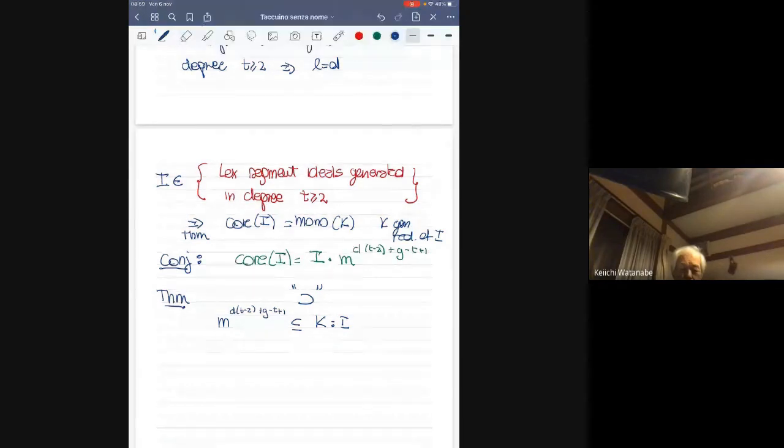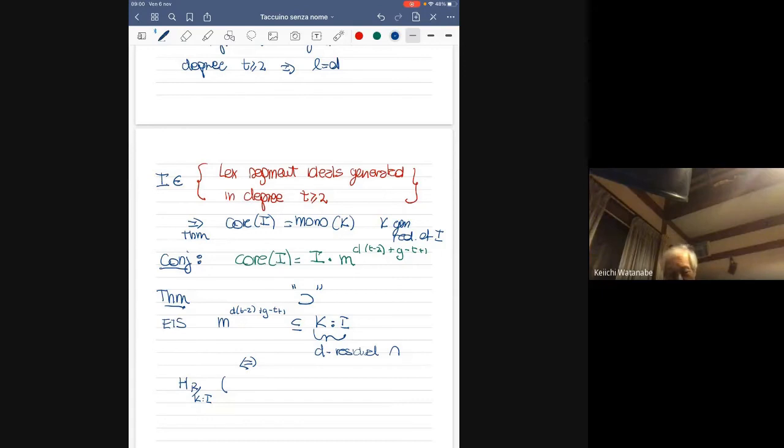So really, it's enough to show this, but this thing is a d-residual intersection of I. And this is important because then to prove this inclusion in general, independent of being a d-residual intersection, it's enough to prove that the Hilbert function of this ideal in this degree is zero, obviously.